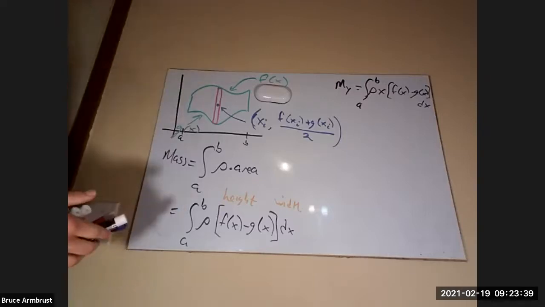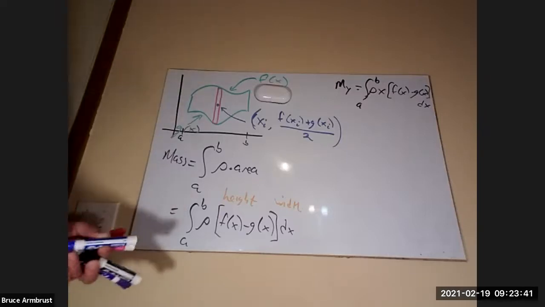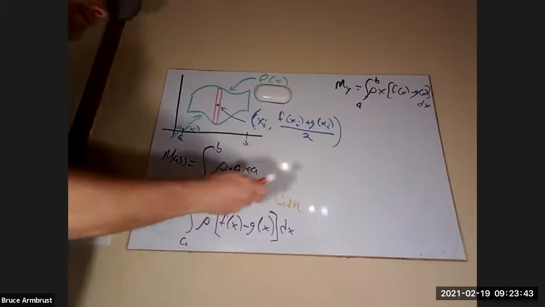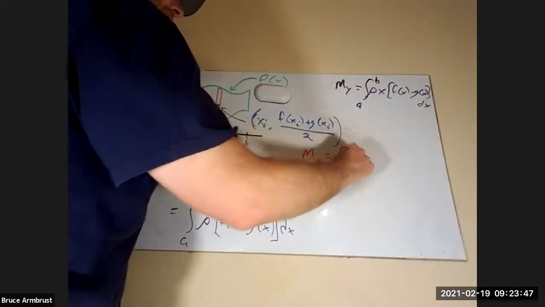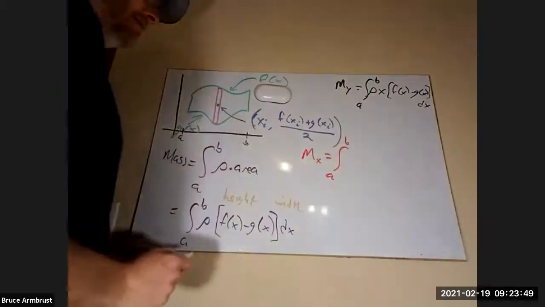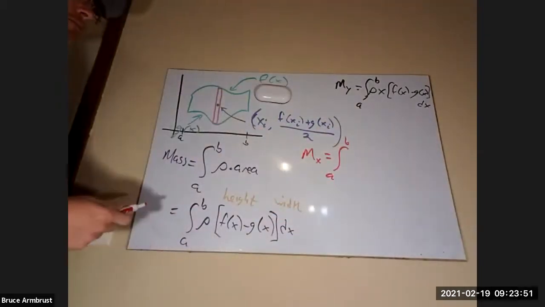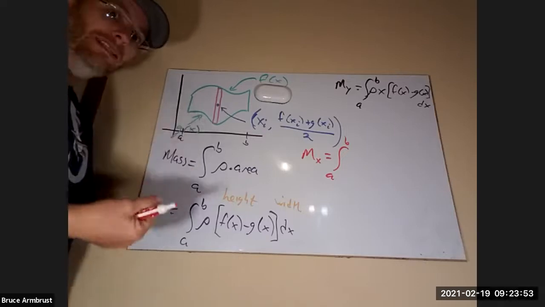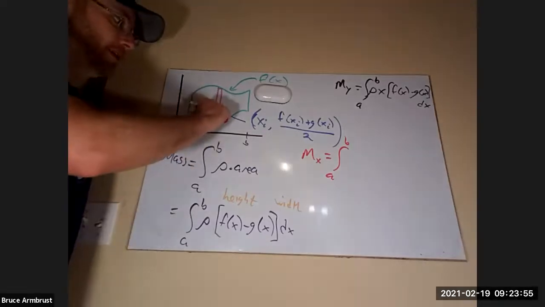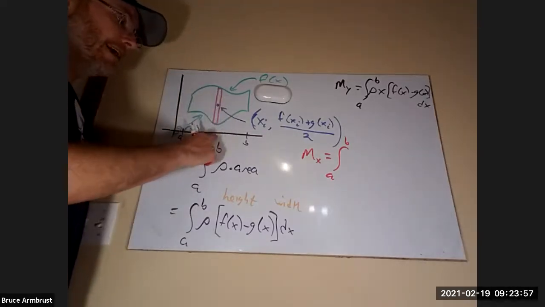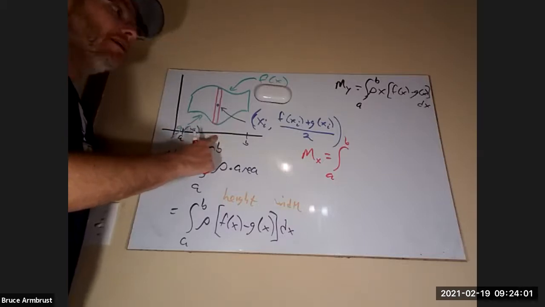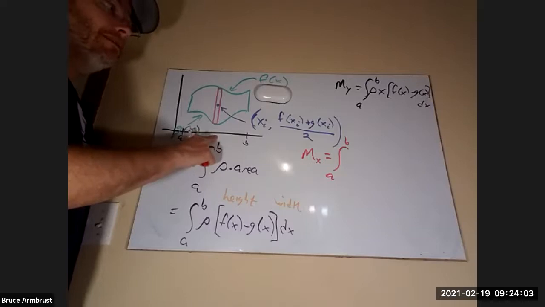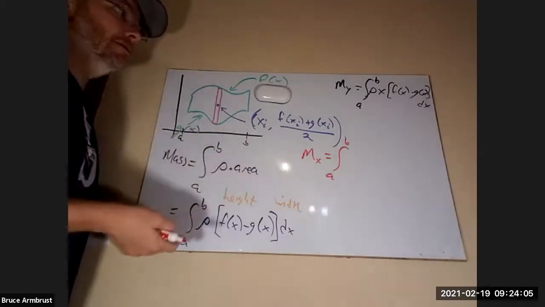But the Mx is going to look a little bit different. If we go to Mx, again, we're going to integrate from a to b. We want to take the distance that this point is from the x-axis. That's going to be its y-coordinate. And we want to multiply by its mass.